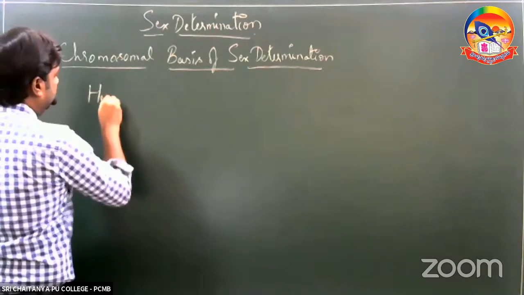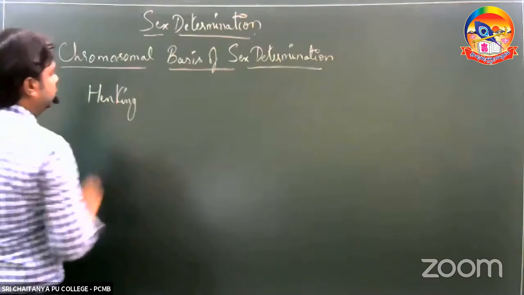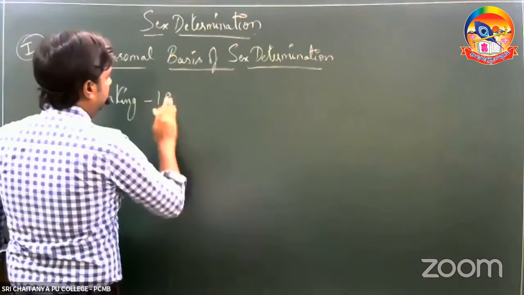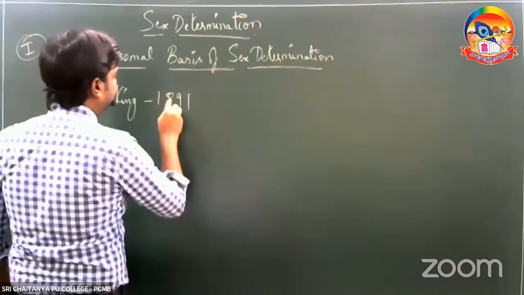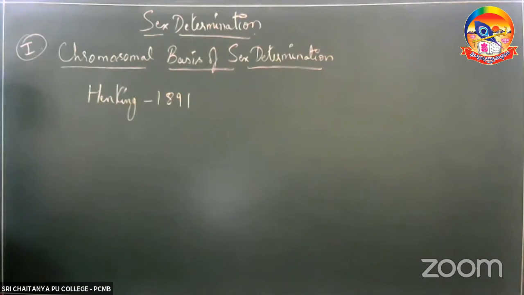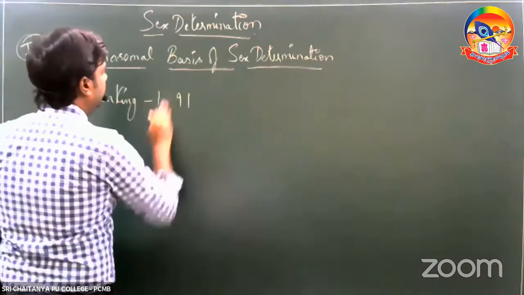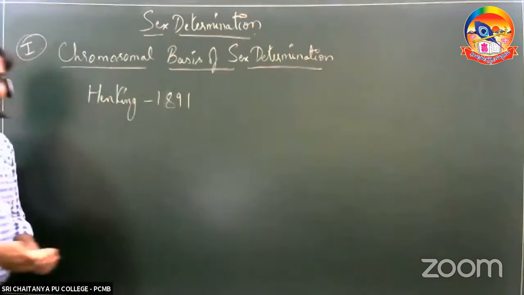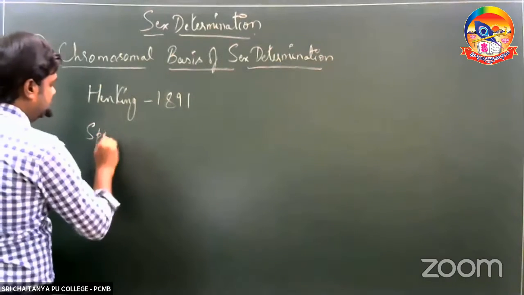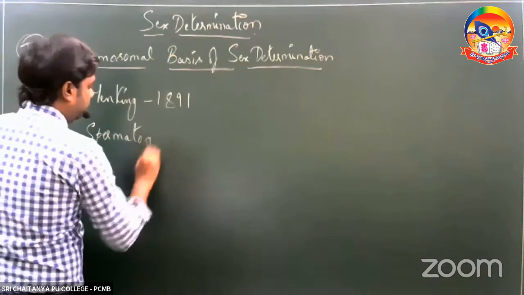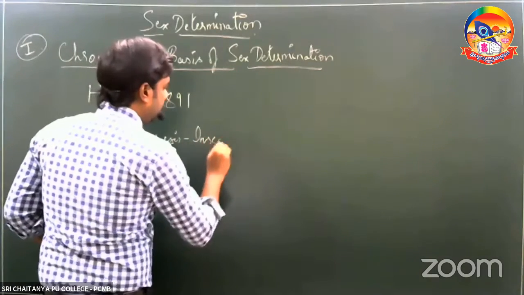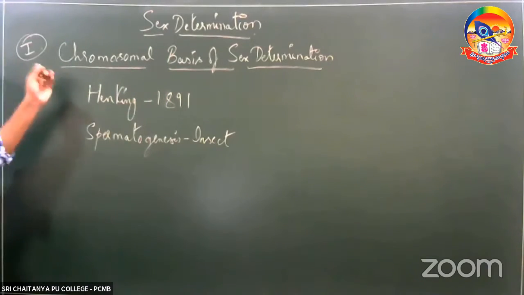In the year 1891, Henking started working on the chromosomal basis of sex determination while he was working on the process called spermatogenesis in insects.